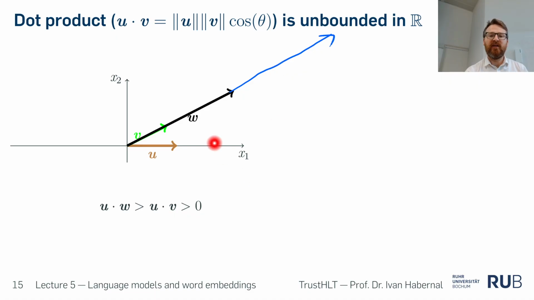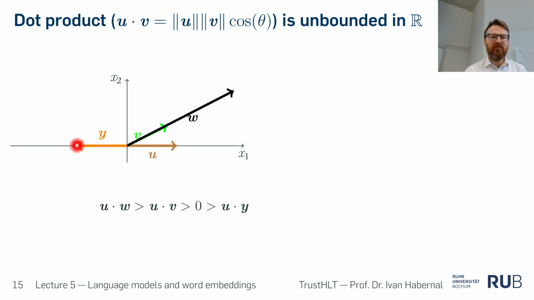So there are no bounds. Now, what happens if we have a vector in the opposing direction? Let's call it y. So the dot product of these two vectors will be what? It will be negative, exactly, so it will be smaller than this, and that's actually true.